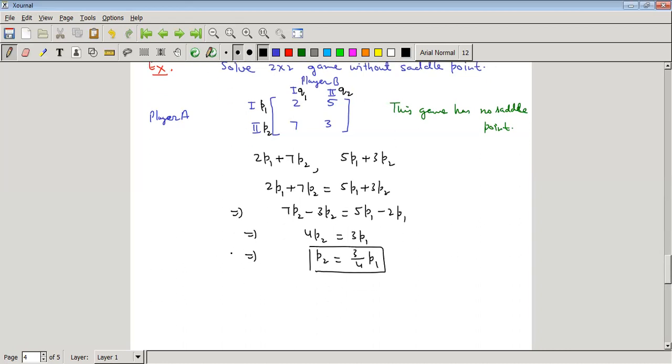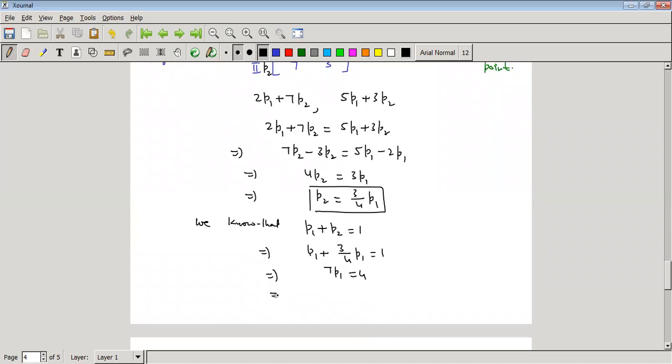Now we also know that P1 plus P2 is equal to 1. This implies P1 plus 3 by 4 P1 equal to 1. This implies 4 plus 3, 7 P1 equal to 4. So P1 equal to 4 by 7.